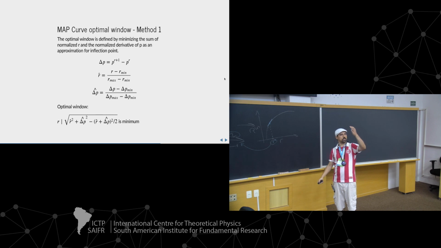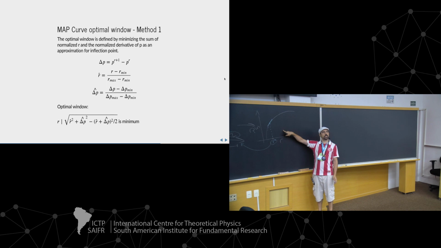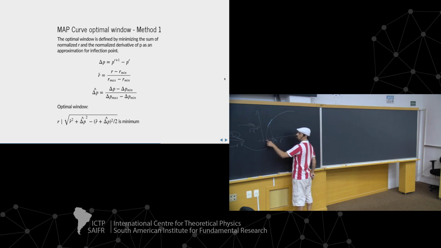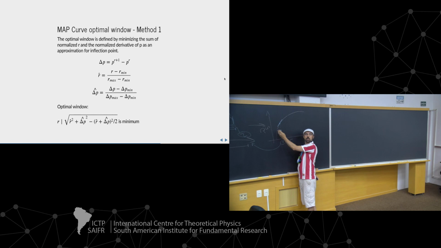R is an increasing function. It's window size. Window size will only increase. Now, what about this difference here? Remember, the map curve looks like this. What can I say about the derivative of this function? So, let's see. When R is small, I have a very high derivative, a very high slope.